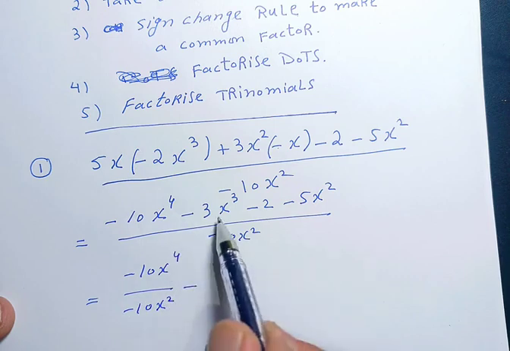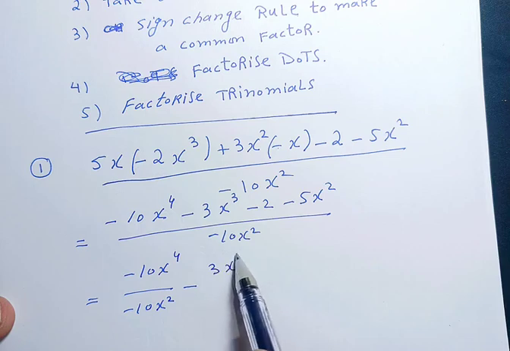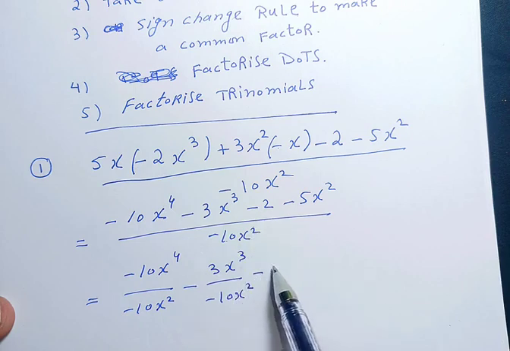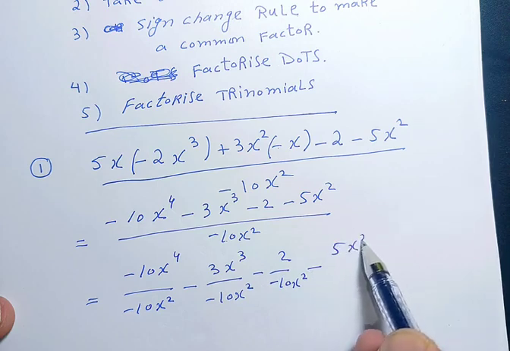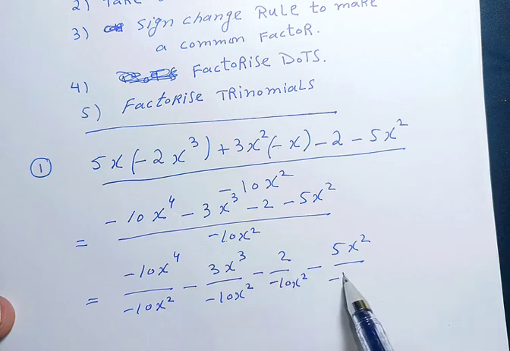Again negative sign, 3x power 3 divide by negative 10 x power 2. Again negative 2 divide by negative 10 x power 2, negative 5 x square divide by negative 10 x power 2. Now we're going to simplify.